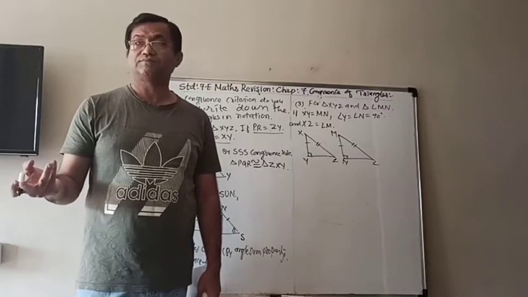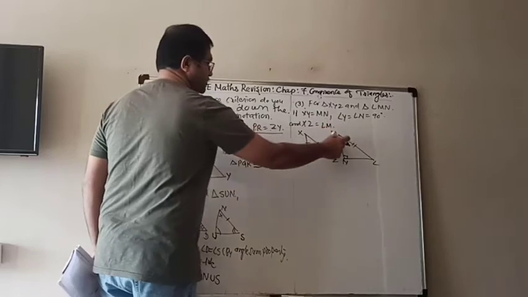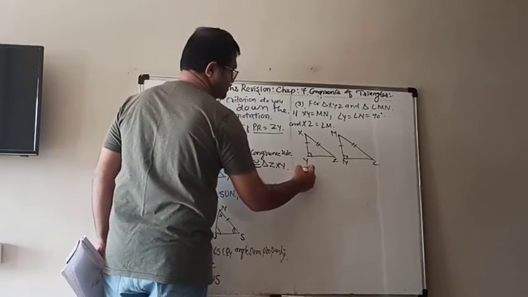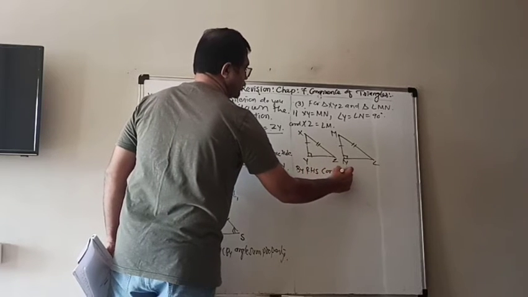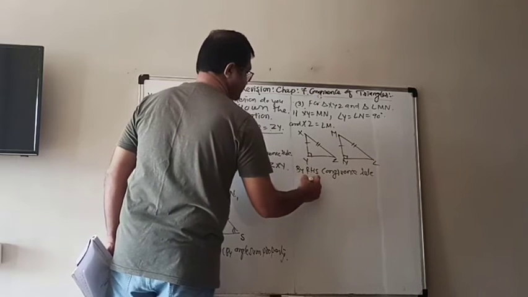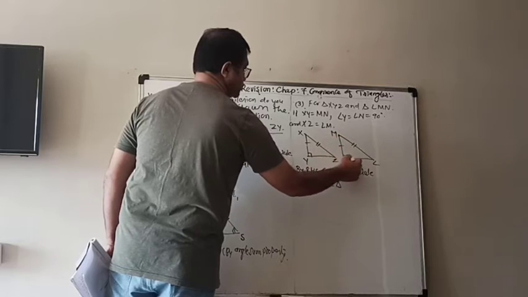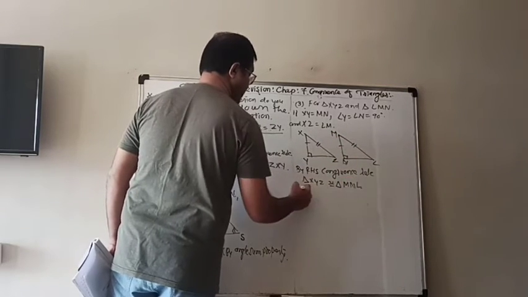RHS congruence rule, because right angle is there, hypotenuse is also there, and the corresponding side, one of them also here. So by RHS congruence rule, triangle XYZ is congruent to triangle MNL.